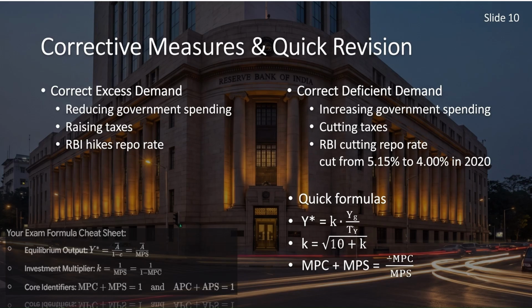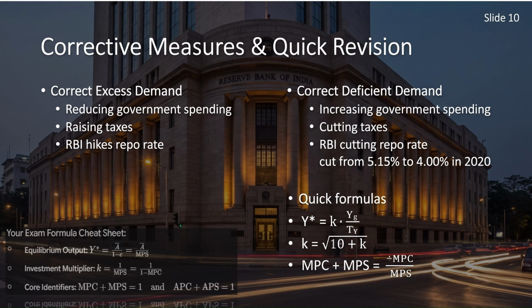So, how do we steer the economy back on track when it strays into inflation or recession? We rely on two primary levers: fiscal policy managed by the government and monetary policy managed by the Reserve Bank of India.